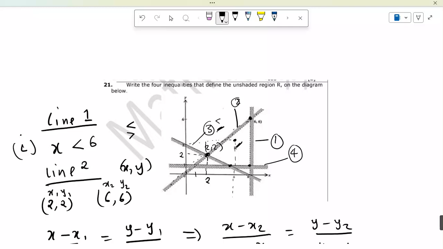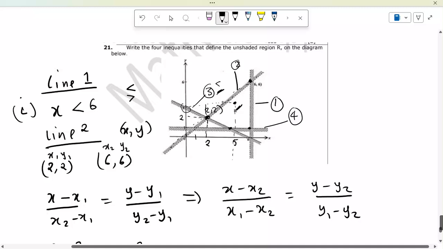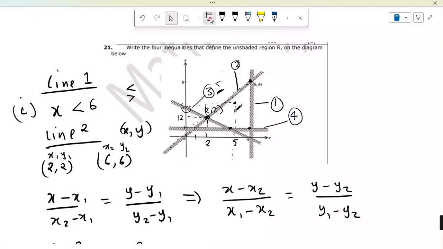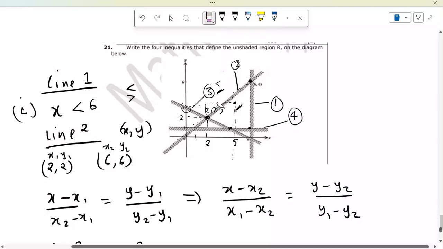Here it could be 5, for example, and here also 5. Or we can say here is maybe 4. The problem is they didn't provide a proper grid. So let's just pick something here so that you guys see nicely.